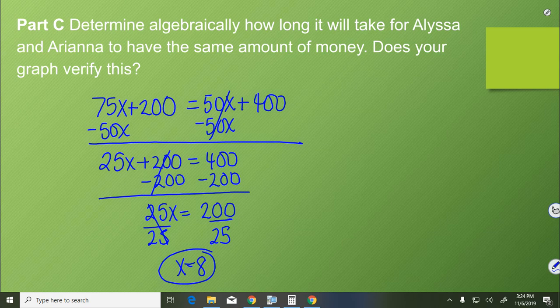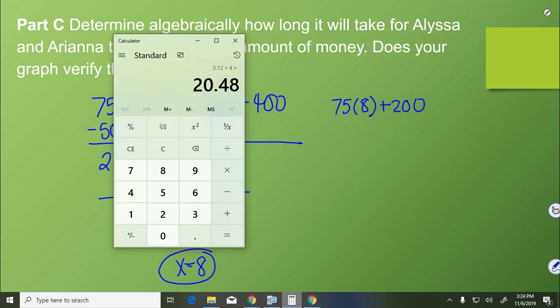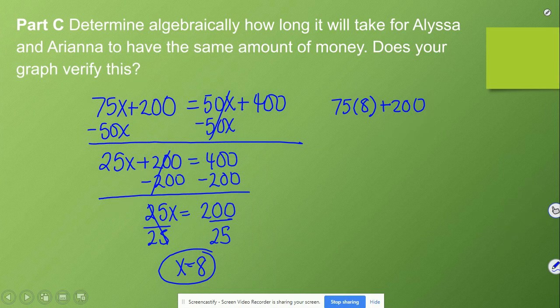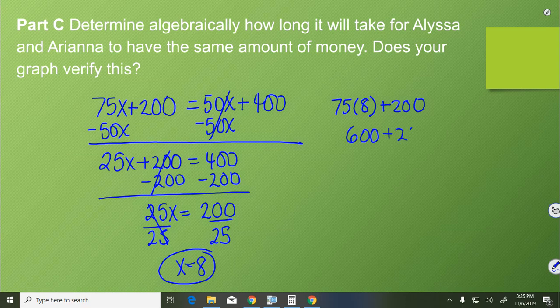Now we want to make sure that the amount of money is right. So if we do 75 times 8 plus 200, we should get 800. Well, 75 times 8 is 600. So we get 600 plus 200, which in fact is $800.